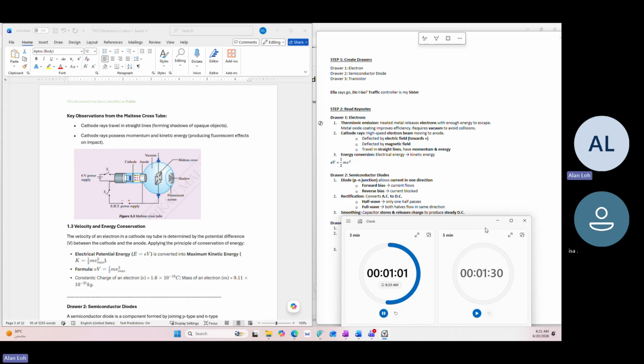Okay, it should be in point 3. You can write down the formula on the paper if you want, because you might need this as a reference later.